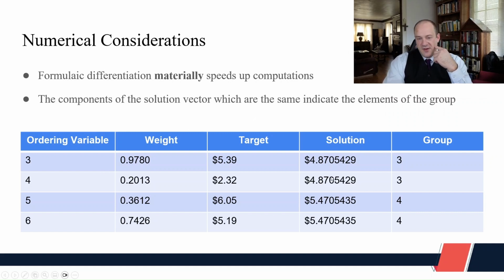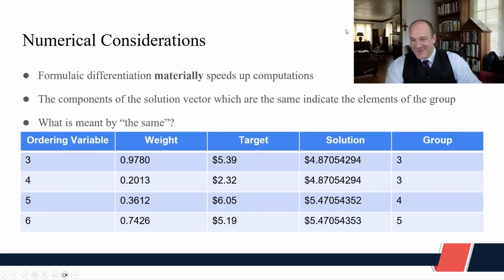This is going to be the outcome of some of the Excel work we're doing. These are records 3 through 6. When we solve the constrained optimization problem, records 3 and 4 get the same value, and records 5 and 6 get the same value. Okay, cool, let's just group those together, and everything should be fine, right?